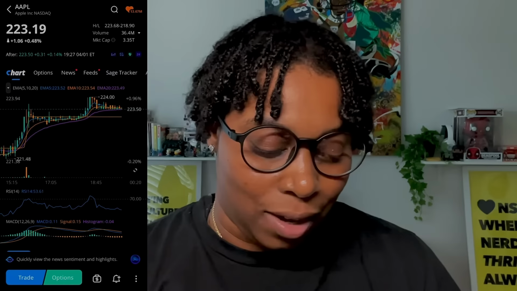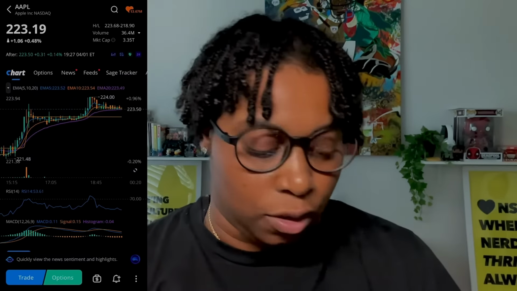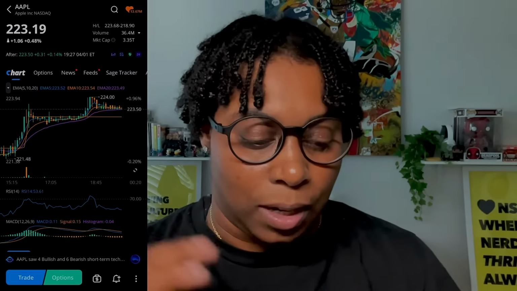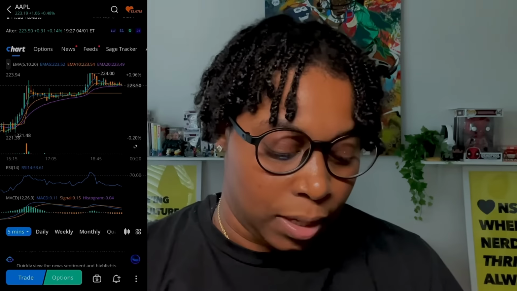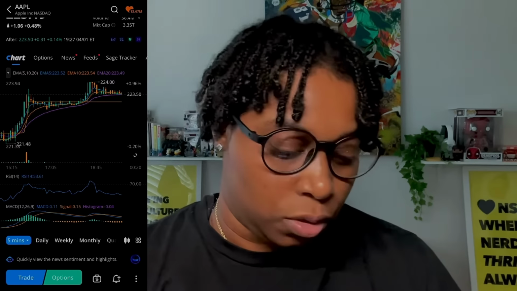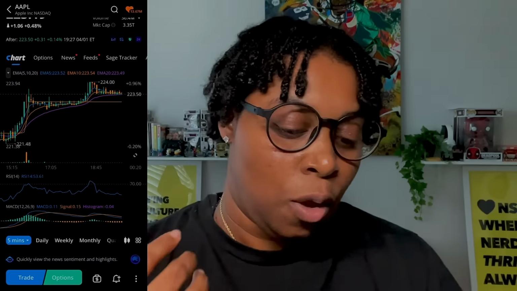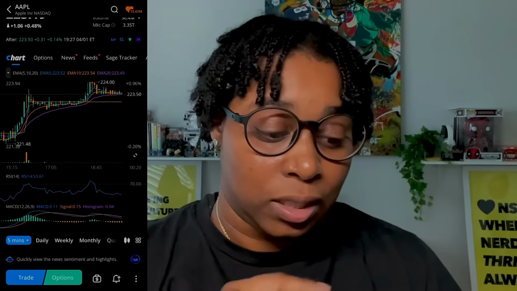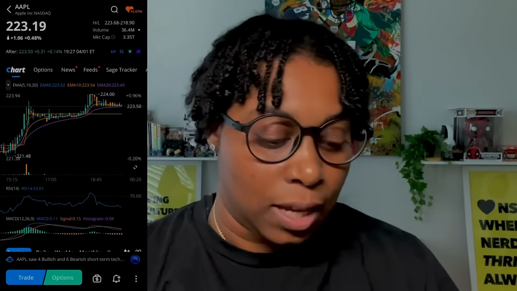As you can see, I already have a lot of my indicators, my RSI, my MACD, my EMA set up already. That pretty much allows me to open the app and look at what's going on, if it's touching EMAs, and what's going on with the stock on whatever particular time frame. These are things on that page that you can take a look at prior to actually opening a position on the option trade.